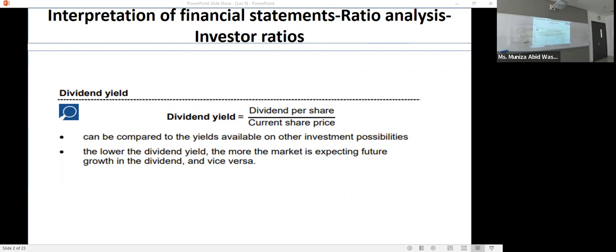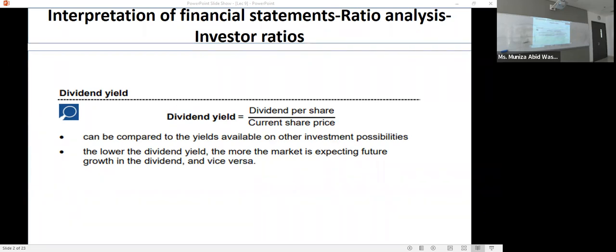How much potential each share has to produce dividend will be known to us by the dividend yield ratio. Dividend per share divided by current share price is dividend yield. It tells us the potential of every share to give the return.